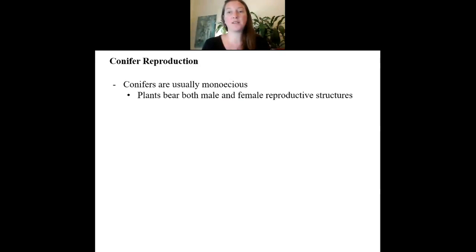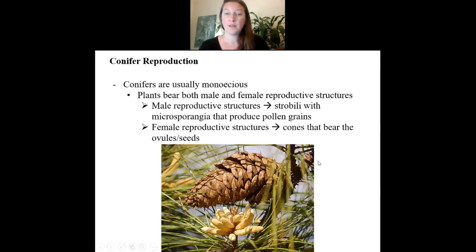So unlike cycads and unlike ginkgo, conifers are usually monoecious, so sex organs on one plant. Just like cycads and just like ginkgo, the male reproductive structures are in strobili, but now the female reproductive structures are on cones.